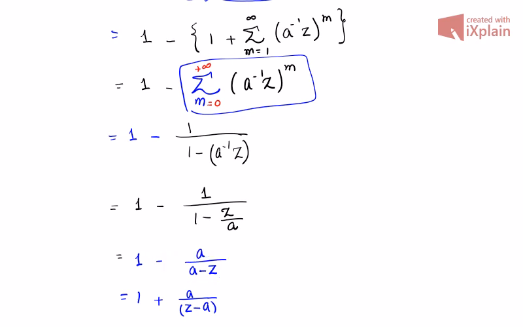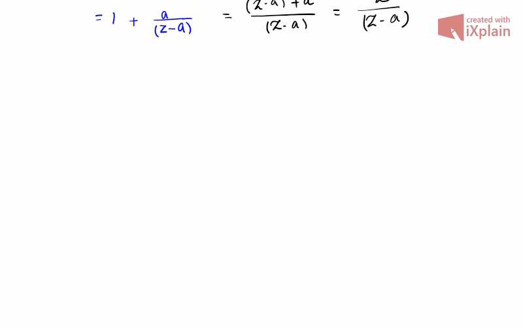So we can rewrite it in this form, and this can be written as z minus a plus a over z minus a, which is z over z minus a. So we can see that our x of z, the z transform, is z over z minus a.